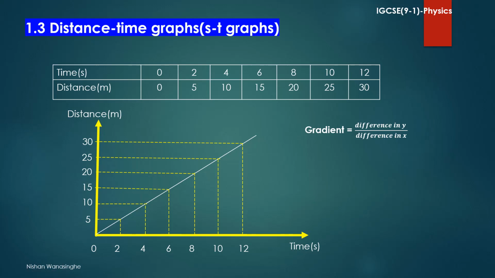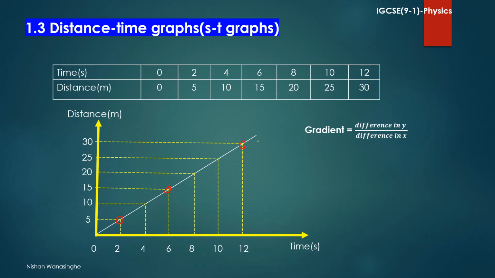Remember, when you are finding the gradient of the graph, always choose the points furthest from each other. For example, choosing 2, 5 and 6, 15 is not the standard way to find the gradient. If you choose 2, 5, the next point should be 12, 30, furthest from each other.